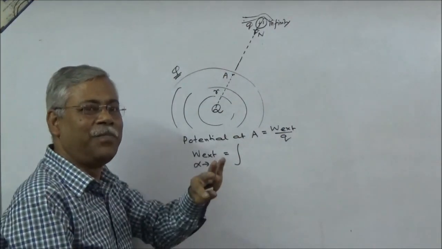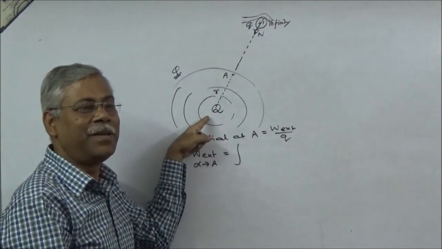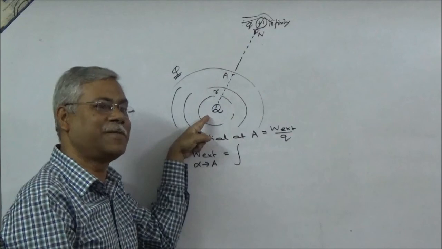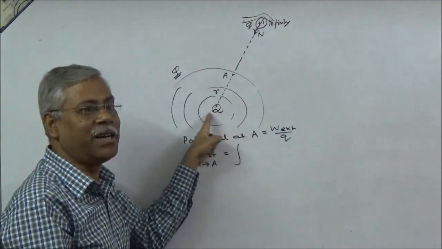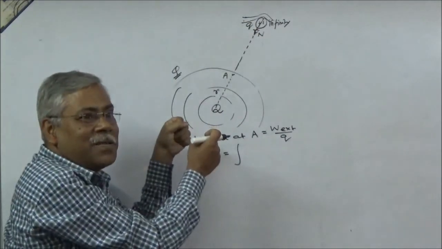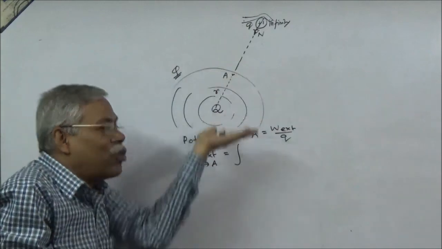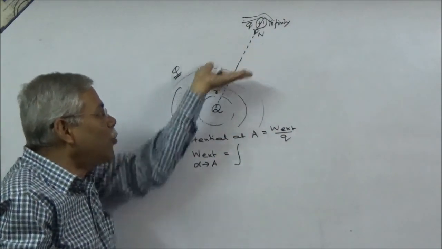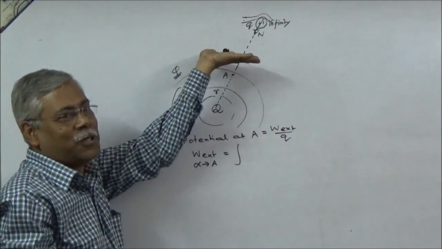If this central charge is negative, then it is attracting that charge, and the charge is trying to move towards it. In order to bring it, you have to place your palm in this position.